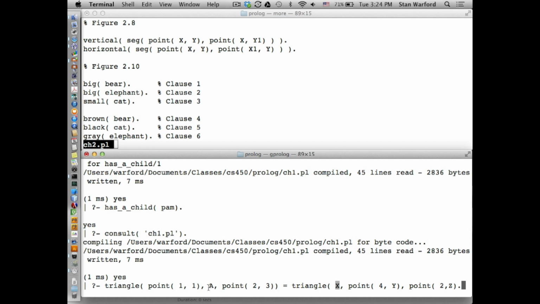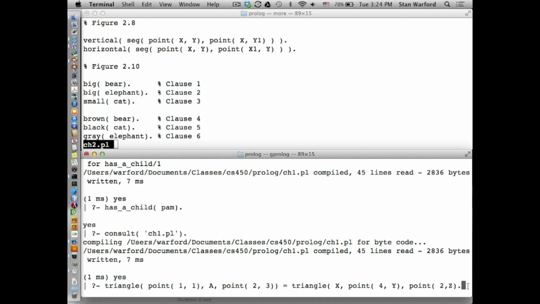For the second parameter, we have variable A on the left, and point(4,Y) on the right. A is a variable, so that will match. Then this point matches this point, this 2 matches this 2, and this 3 should match the variable Z.